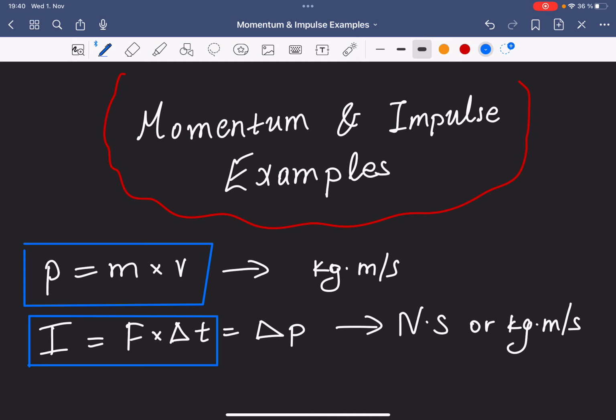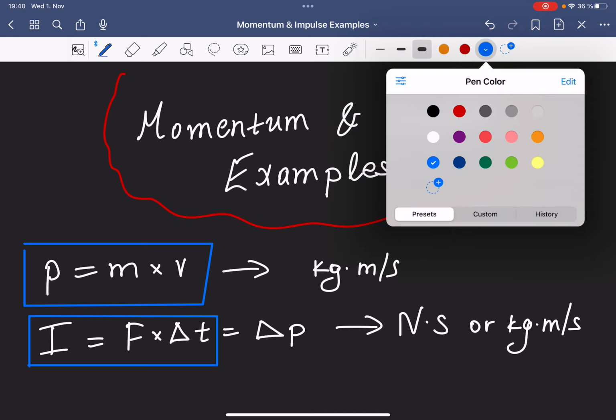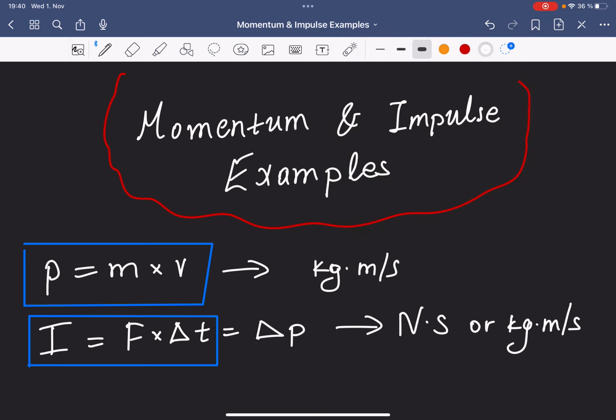We're going to be using two main formulas, one for momentum, which we define as the product of mass and velocity, and the units for this quantity are kilograms meters per second, and impulse, which is basically the product of force and the time in which the force has been applied on an object, or in other words, it's also equal to the change in momentum.